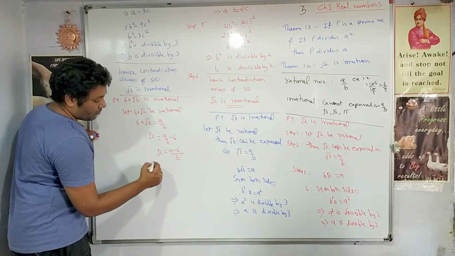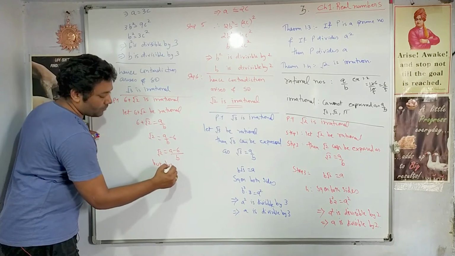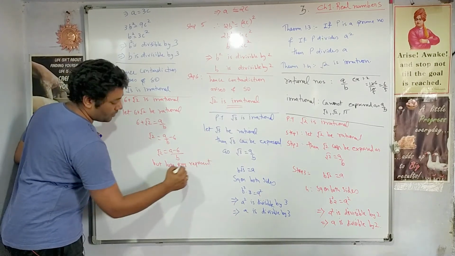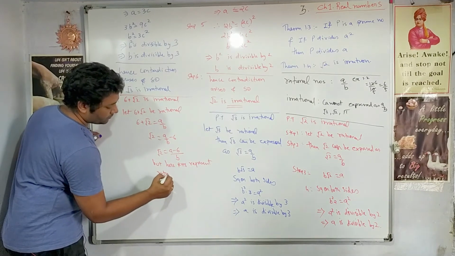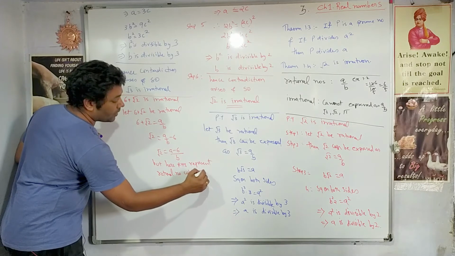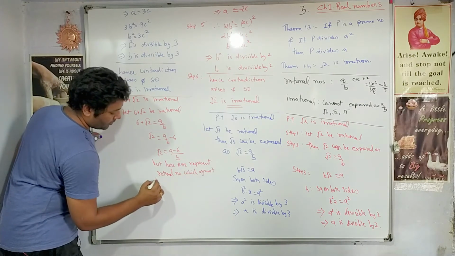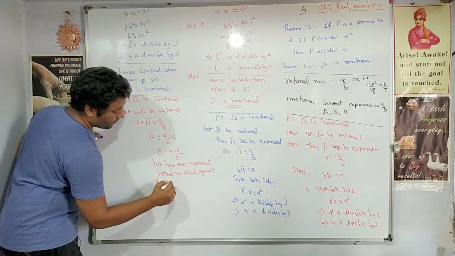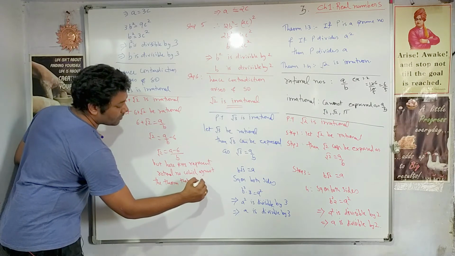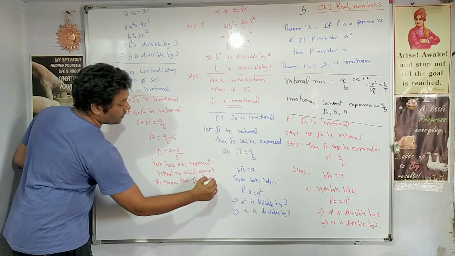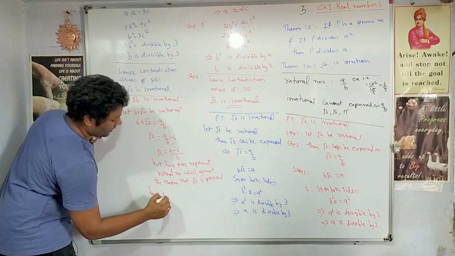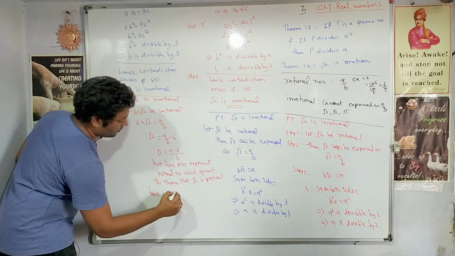But here the RHS represents a rational number, which is against the theorem that root 2 is irrational. Hence 6 plus root 2 is irrational.